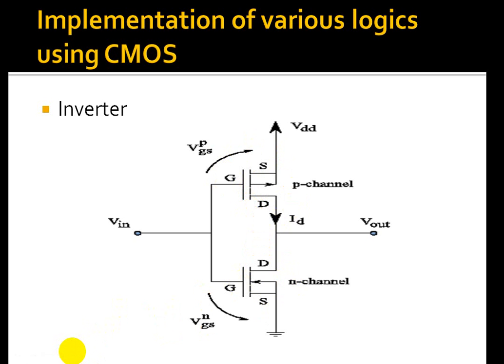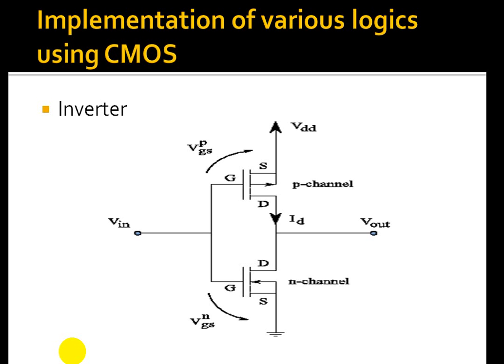When we apply an input of 0 volt, we get VGS2 equals -5 volt and VGS1 equals 0 volt. So the PMOS transistor is on and the NMOS transistor is off. So we get an output voltage of 5 volt. So we see when we apply 0 volt, we get an output of 5 volt. Again, when we apply an input of plus 5 volt, VGS2 becomes 0 volt and VGS1 becomes plus 5 volt.